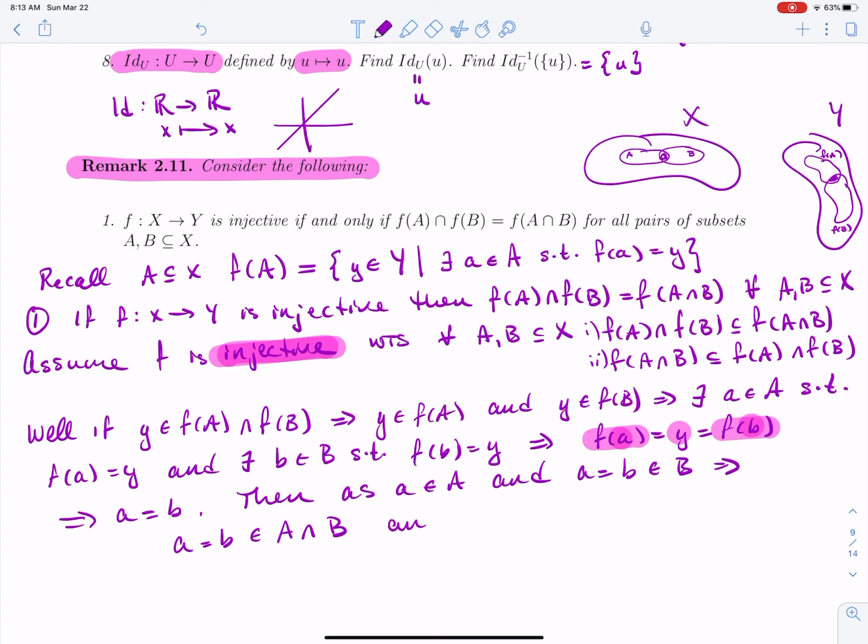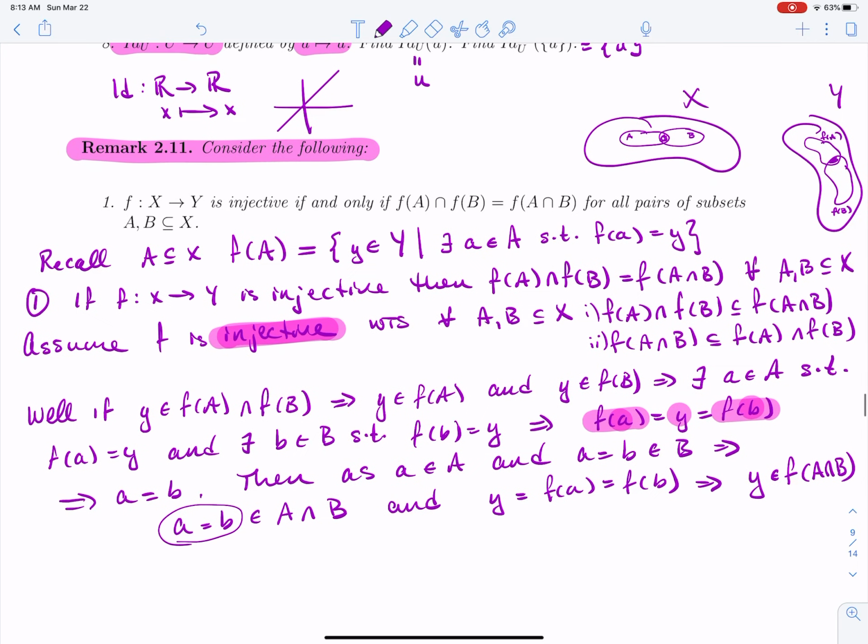And y is equal to f of a, which equals f of b. And so that tells me that y is contained in the image of not only A, but also B, because little a and little b are equal. All right? So now we've proven part 1.